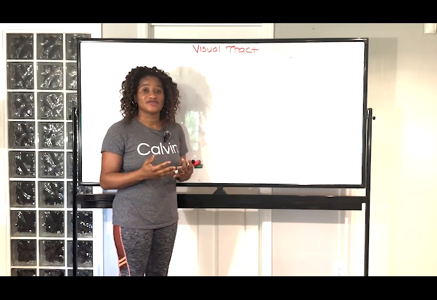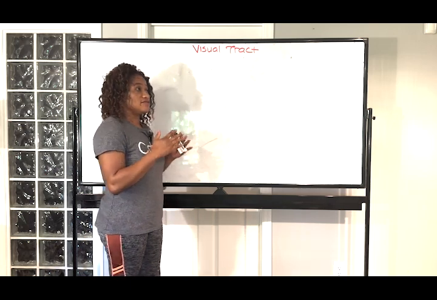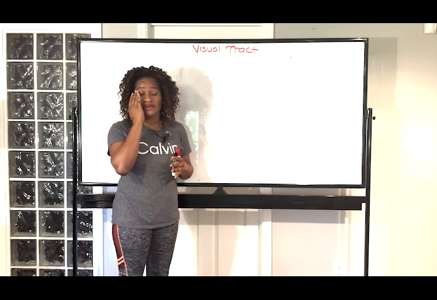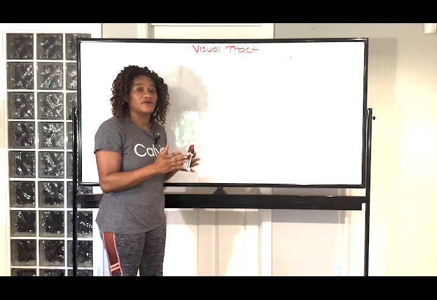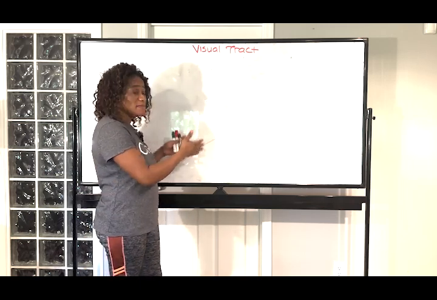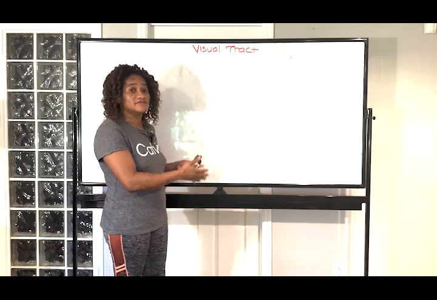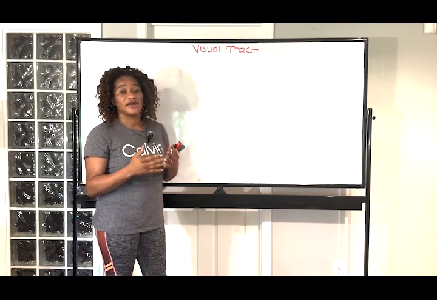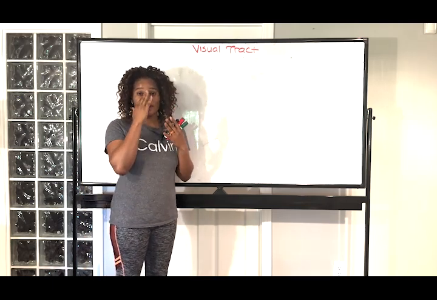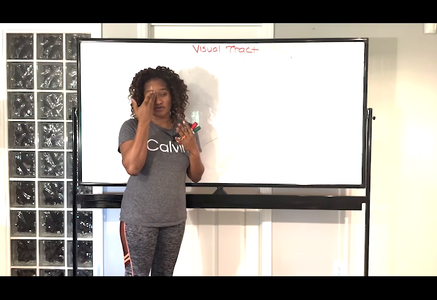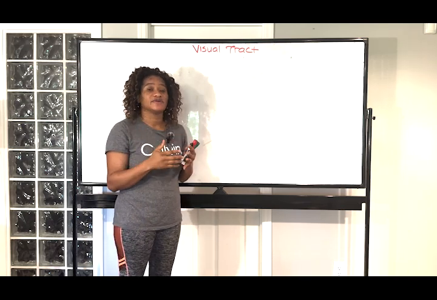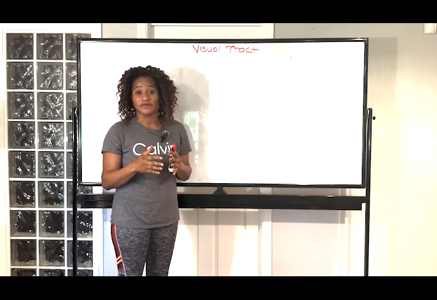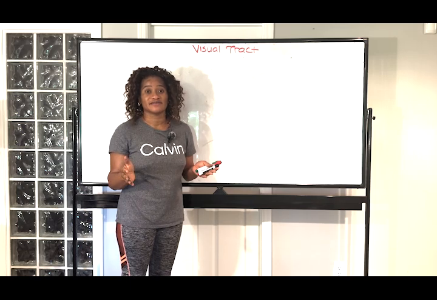The second thing we need to keep in mind is that the lateral image, so the image from the lateral side of the eye, like the temporal side, is carried by the medial fibers, and those medial fibers are the ones crossing at the optic chiasm, while the medial image, so the image more so nasally, is going to be carried by the lateral fibers, and those fibers do not cross at the optic chiasm.